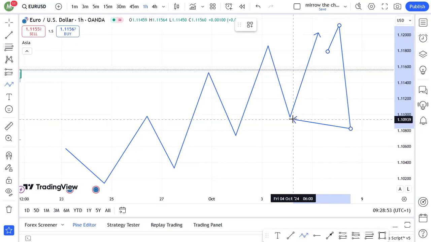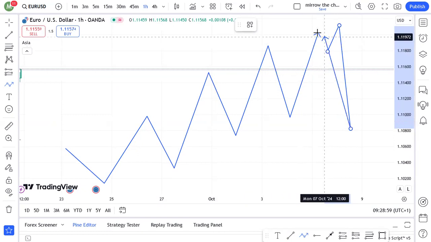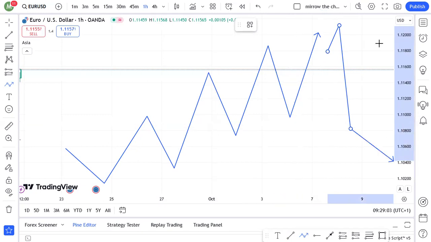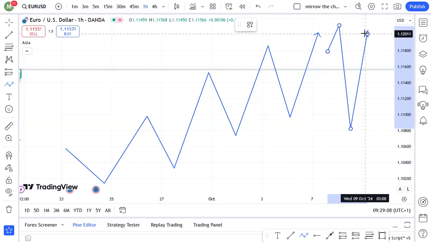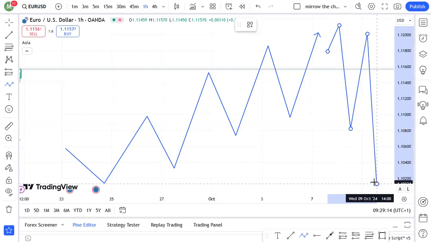How can we engage on this structure change? After price has taken out this high and broken this low as a break of structure, this area is where we look for entry, to continue down with price.